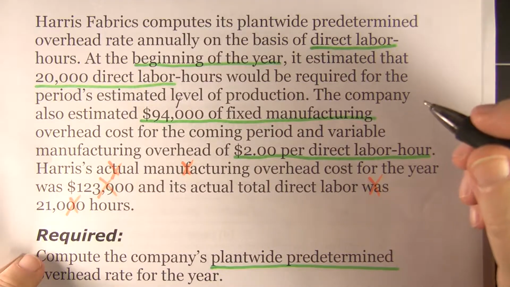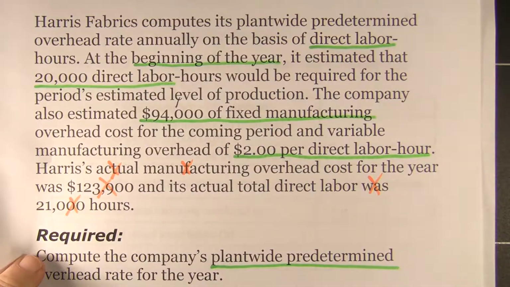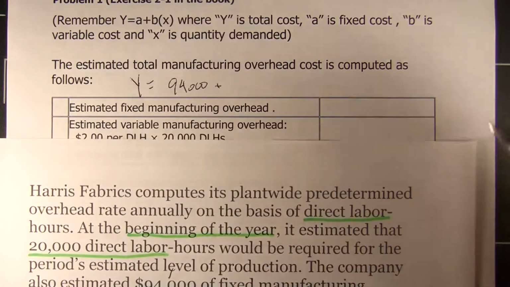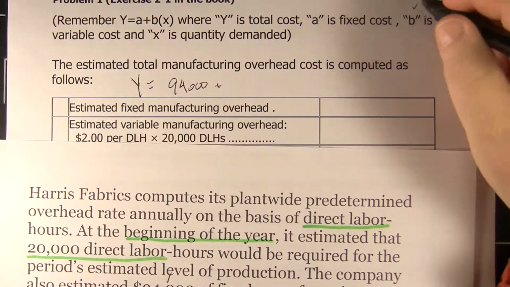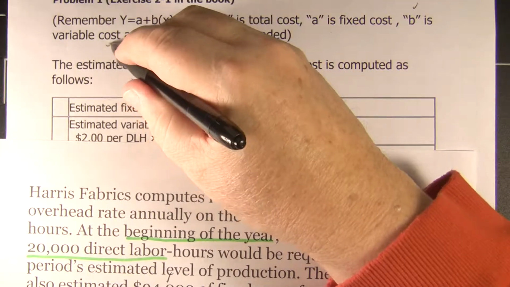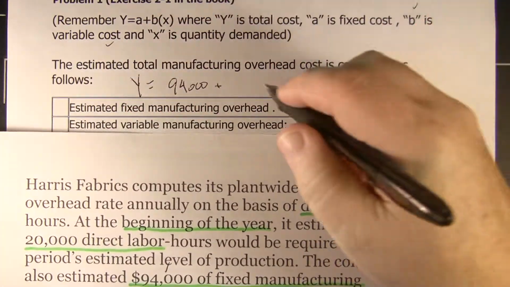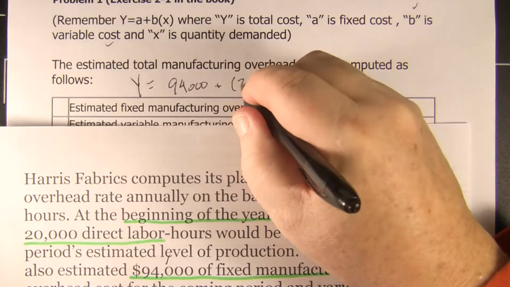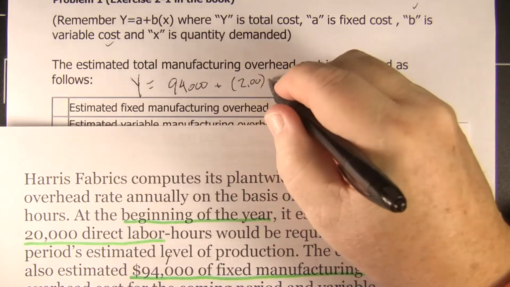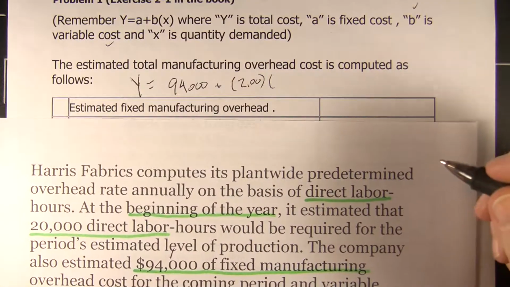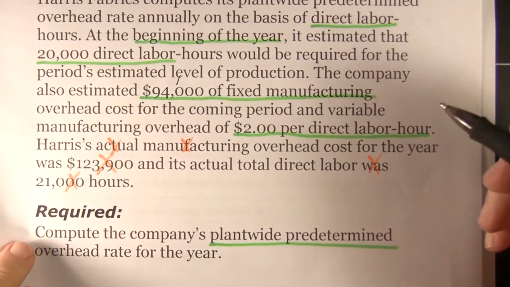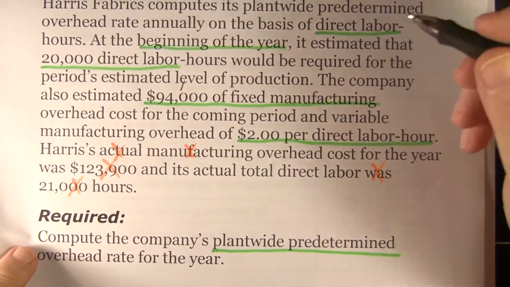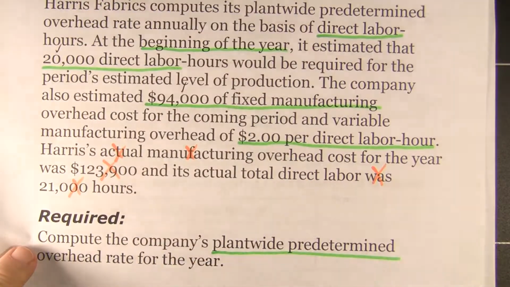Then it says we need to find our variable quantity and the variable cost. So variable cost, they estimate to be $2. And variable quantity, they estimate to be 20,000. Where is it? There it is.